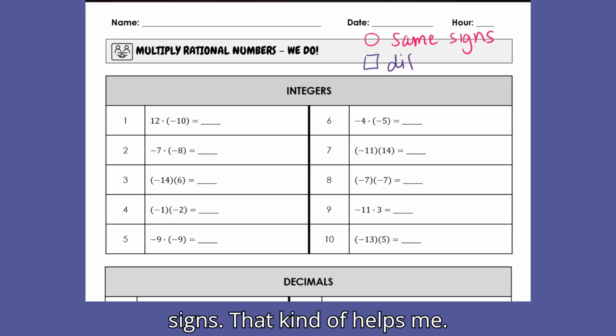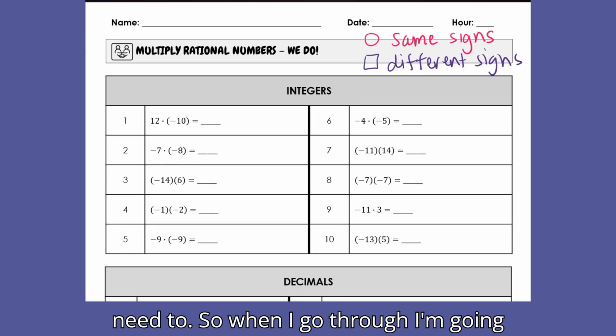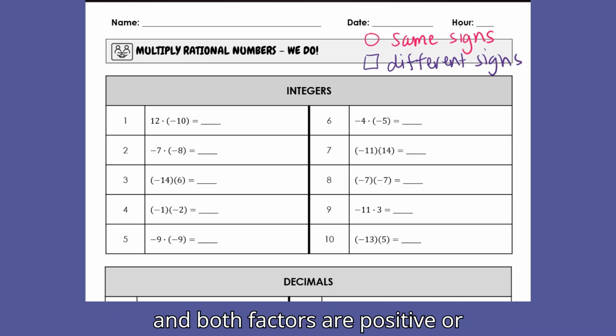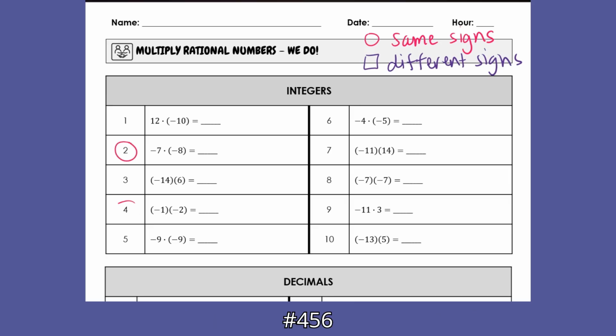That helps me focus on one rule at a time if I need to. So I'm going to circle in pink any problem that has the same sign, meaning both factors are positive or both factors are negative. That's number 2, number 4, 5, 6, and 8.